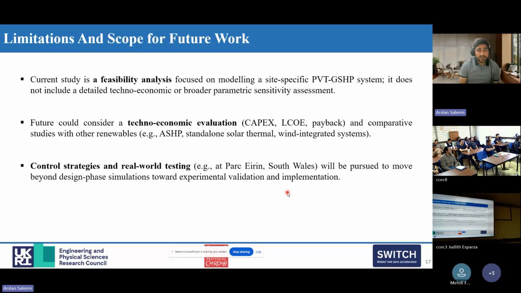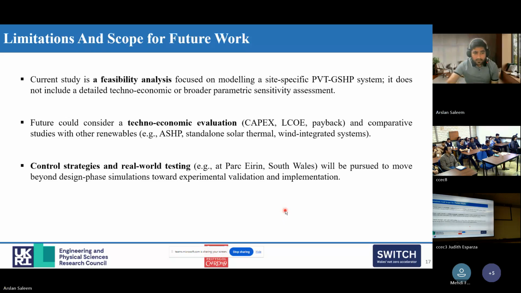So this was basically done as part of a feasibility analysis, which focused on modeling a site-specific PVT coupled ground source heat pump system, and it did not include any techno-economic analysis. Future studies could look into a more detailed techno-economic evaluation, looking at the capital expenditure cost, levelized cost of energy, payback periods, and so on, and also comparative studies with other renewable systems like air source heat pumps or standalone solar thermal systems can be investigated.